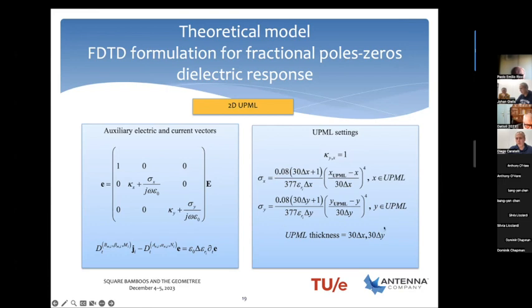The values of these parameters are reported here for the sake of completeness, including the thickness of the absorbing layer that is selected to be 30 cells, 30 unit cells in the FDTD grid.